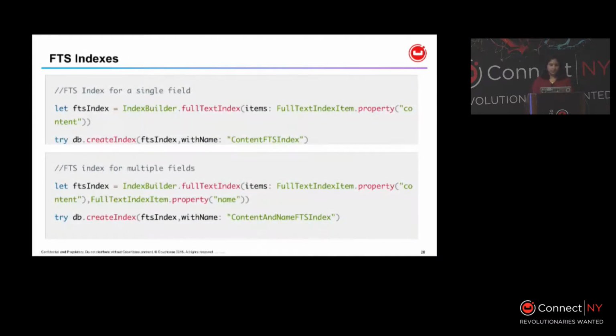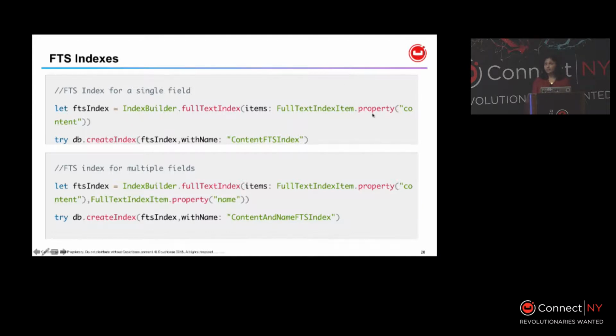So the full-text search index. In the previous slide, when I talked about full-text search, I mentioned that you provide a full-text search index to a full-text search expression, a query expression. This is how you create a full-text search index, very similar to a value index, except here you say it's a full-text index. You can give an array of items, in this case properties on which you want to index.